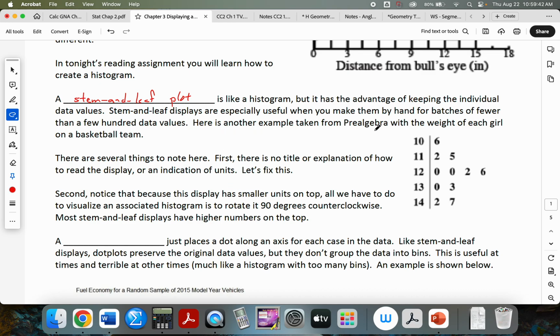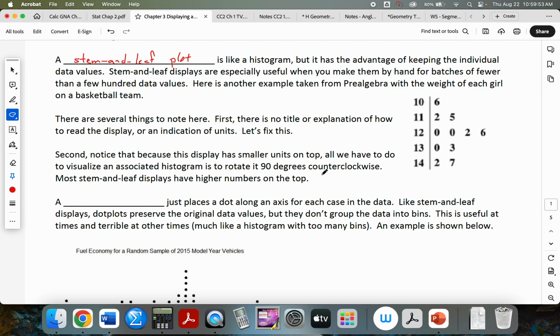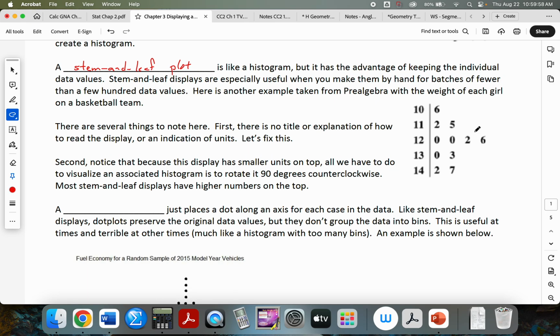Here's another example taken from pre-algebra with the weight of each girl on a basketball team. A couple things to note. There's no title or explanation of how to read the display or an indication of units. So let's fix this. So this is weights of, I'll just put BB players, in pounds.